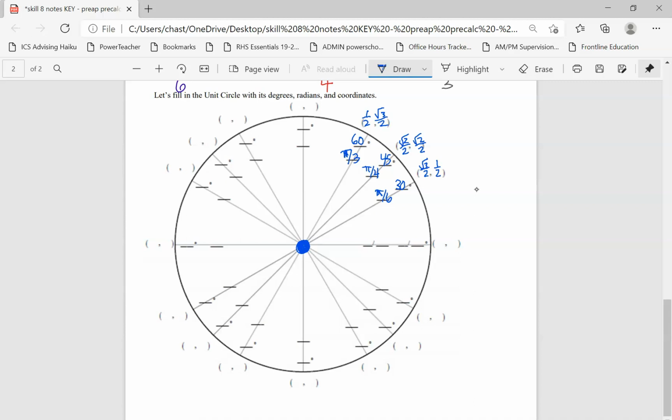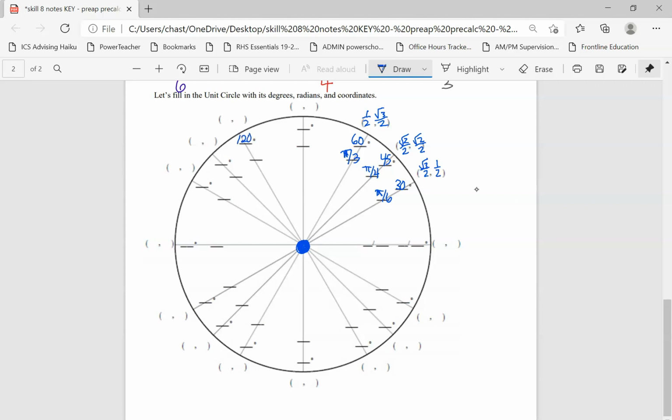Now I'm not going to fill in the quadrant values yet because I want to use these three sets to illustrate what happens in quadrant 2 and quadrant 3 and quadrant 4. So everything else is going to be a reflection of these three sets of coordinates. Okay, so if I go to the reflection of 60 degrees, that would be 120 degrees.